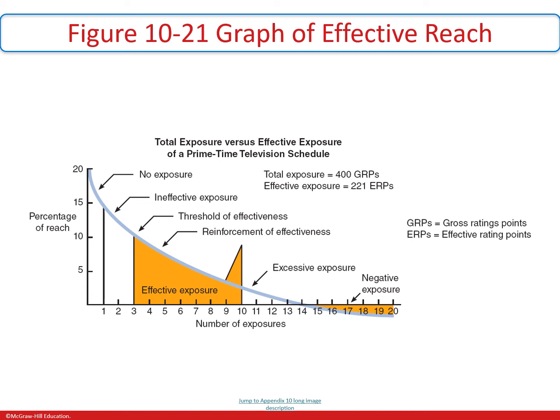When you start getting to effectiveness, let's say at least 3 exposures, you then are in the reinforcement zone between 3 and about 9. When you get to about 10 exposures, you are now in the space of excessive exposure or overexposure, and there is no guarantee of effective communication in this excessive exposure space.